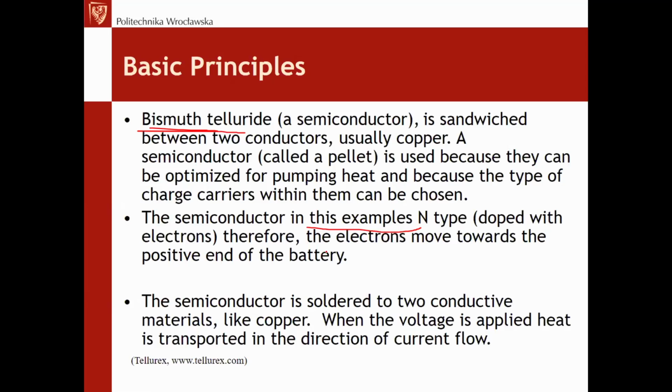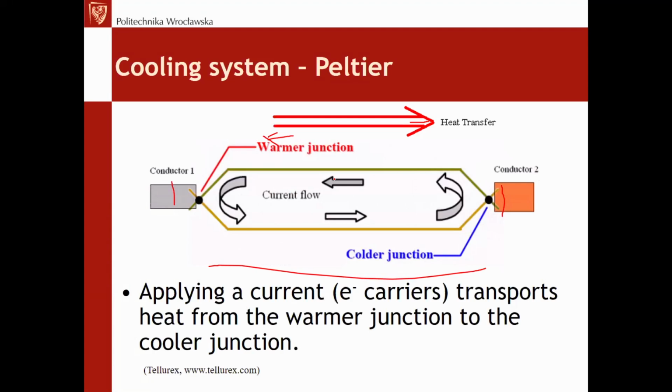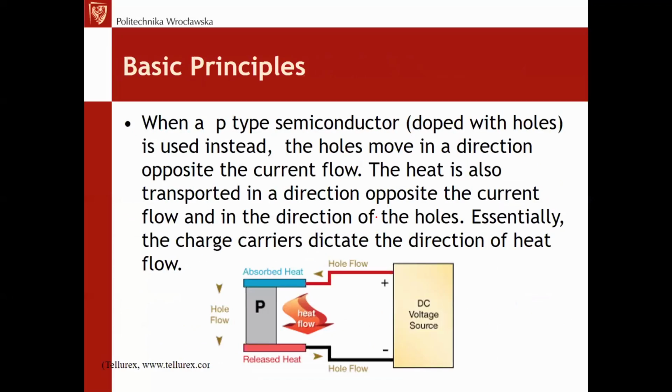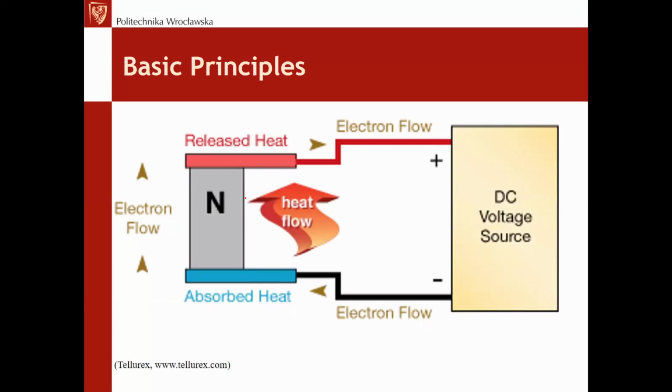With the n-doped semiconductor, the electrons move towards the positive end of the battery. And when the voltage is applied, the heat is transported in the direction of the current flow. So when there is a current flow, the heat is transported in the same direction, like here.